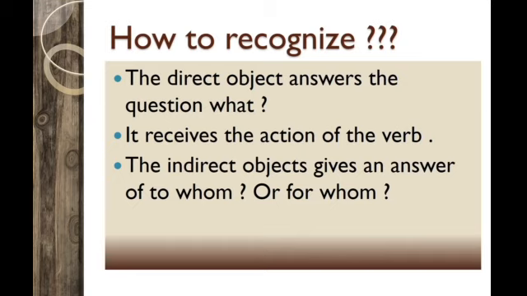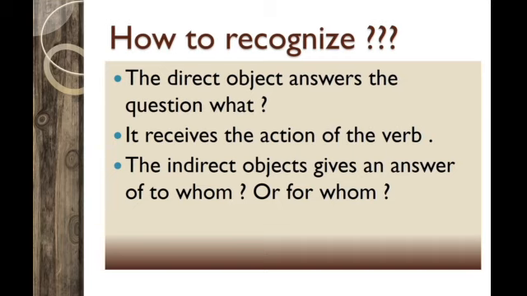How to recognize? The direct object answers the question what. It receives the action of the verb. The indirect object gives an answer of to whom or for whom. So if you want to know which is direct and indirect, you have to ask the questions what, for whom, to whom.